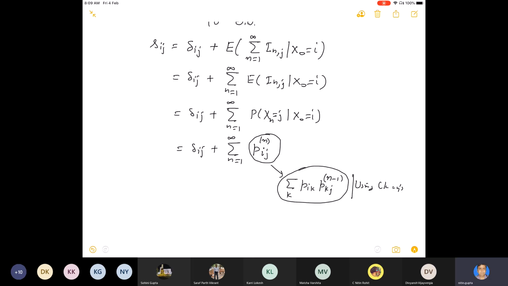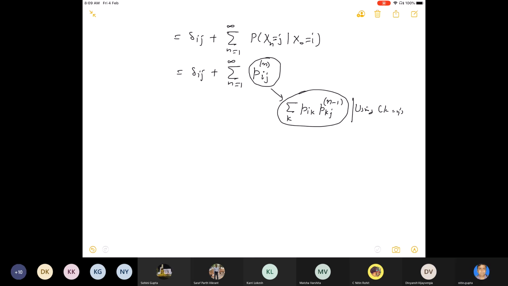Now therefore this value is delta ij plus summation over k of p_ik, summation over n from 1 to infinity of p_kj^(n-1).